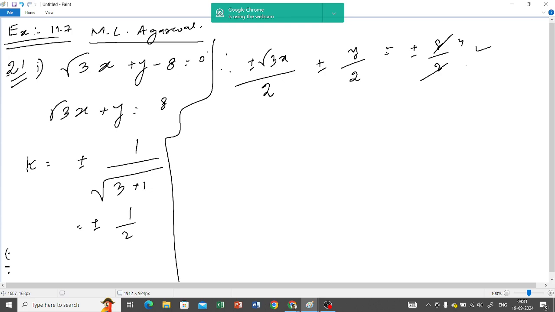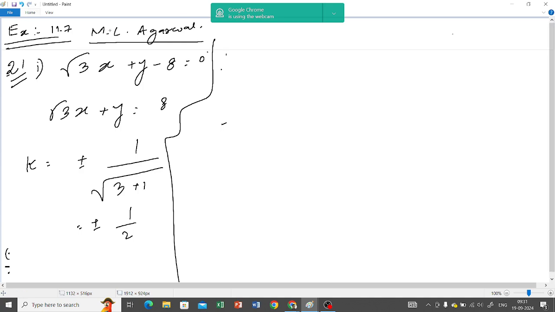We know that this has to be always positive. Taking k is equals to half positive.